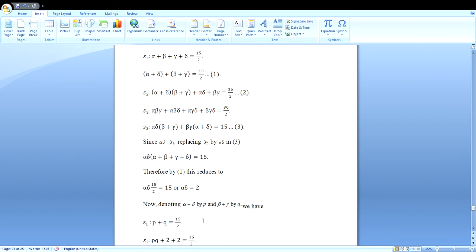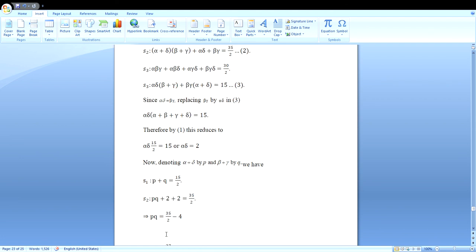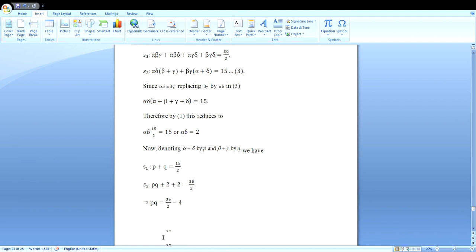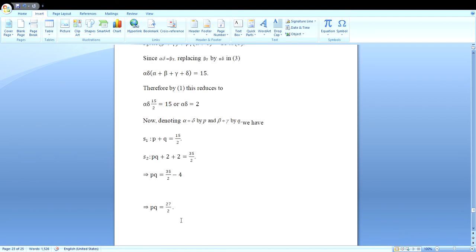Now, denoting alpha plus delta by P and beta plus gamma by Q, we have S1, that is sum of the roots, P plus Q equal to 15 by 2. And from S2, we have PQ plus 2 plus 2 equal to 35 by 2. This implies PQ equal to 35 by 2 minus 4, which is 27 by 2.